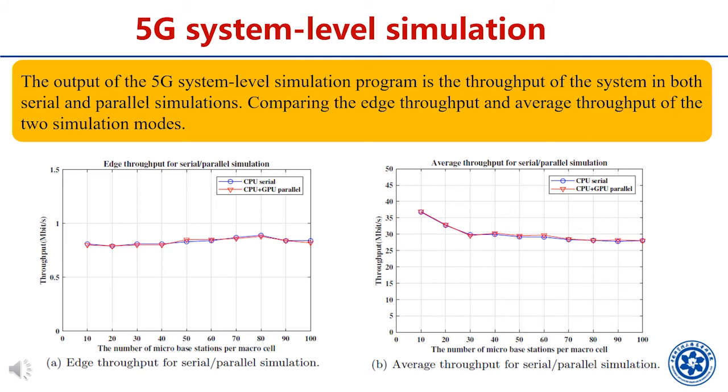Comparing the edge throughput and average throughput of the two simulation modes, the results of serial simulation tend to be consistent with those of parallel simulation, and the error is merely related to some random processes in the program, such as noise and other factors.